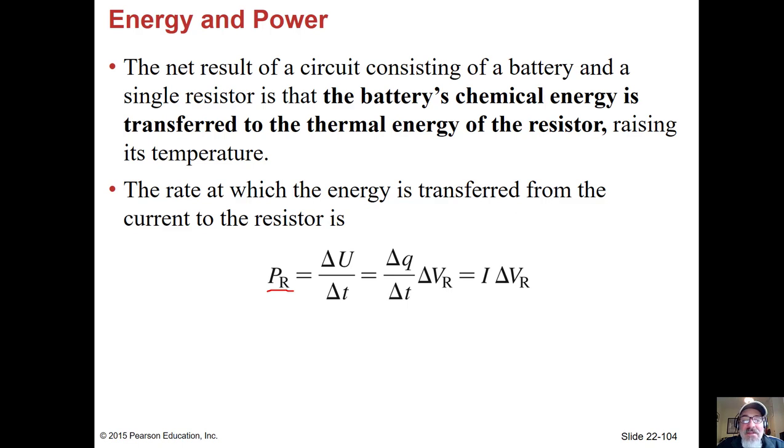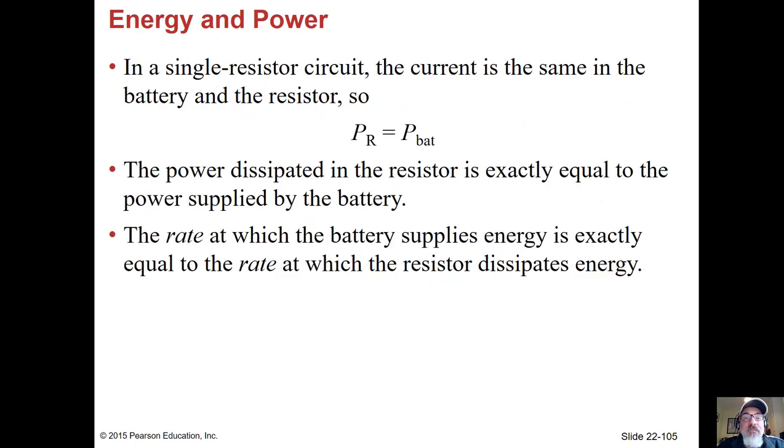Change in energy divided by time, same thing that we did before, delta Q over delta T then, because this is Q times the voltage on the resistor. So same thing. Turns out to be I times V. So whatever the battery supplies is utilized by the resistor. Okay, kind of like power out is equal to power in. That's what we see here. All right, very good. The rate at which the battery supplies energy is exactly equal to the rate that the resistor dissipates energy. It's got to go somewhere.